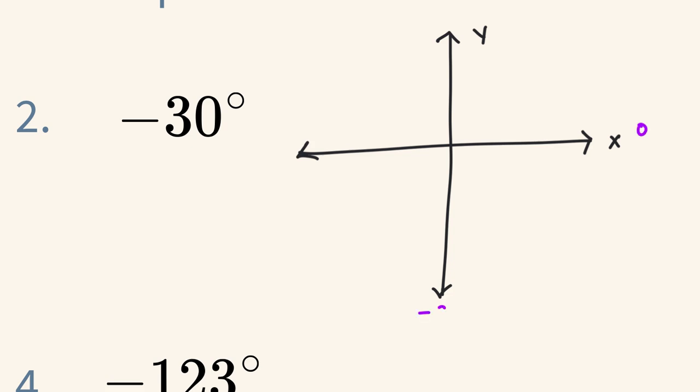This would be negative 90, negative 180, negative 270, and then going back around would be negative 360. So 30 falls in between 0 and negative 90. I'm going to draw that arrow. This is my initial side, and I'm going clockwise. So this is what negative 30 would look like if I had to sketch it.